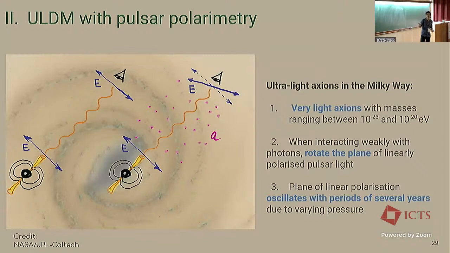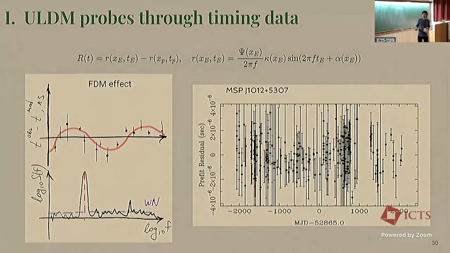Now, this could be just magnetic fields in the galaxy, which is what we often model. But you could also have additional rotations because of ultralight dark matter. And what this will do is make your residuals wiggle around in a somewhat monochromatic way, especially if you use the fuzzy dark matter approximation.